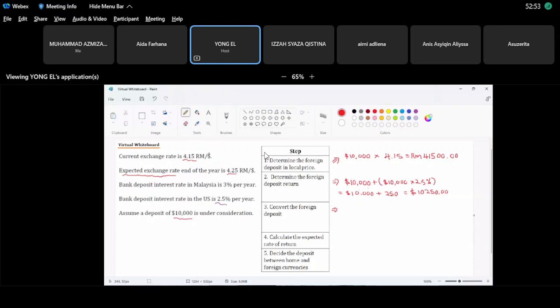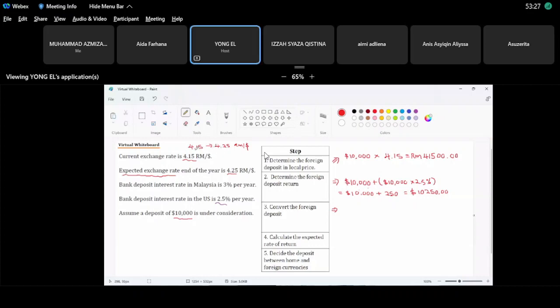This exchange rate going from 4.15 to 4.25 RM per US dollar, is this called an increase or decrease? Do you call this exchange rate an increase or decrease? No, this is an increase.